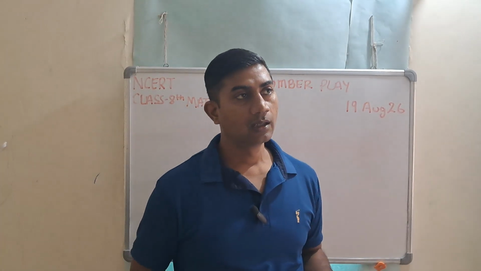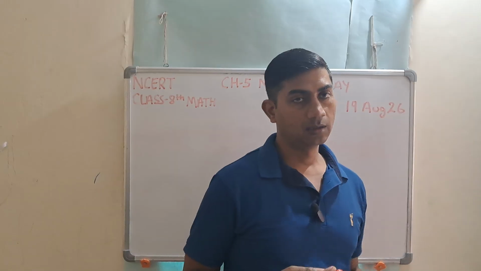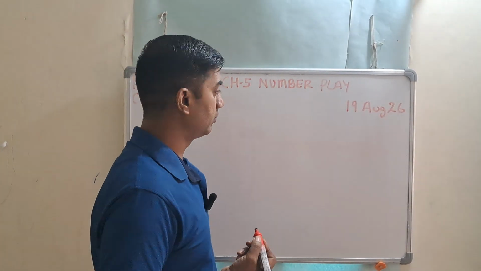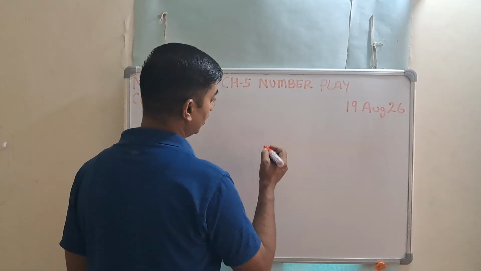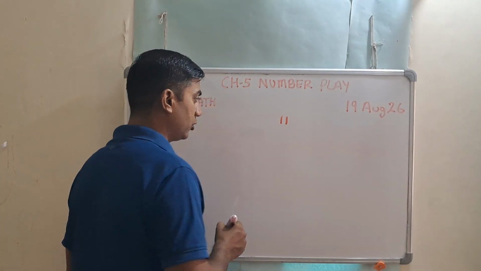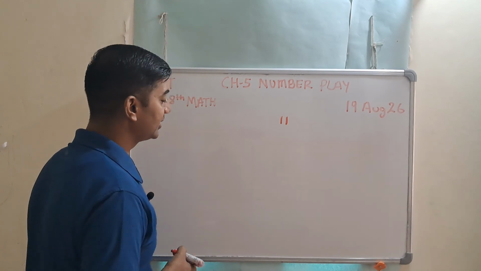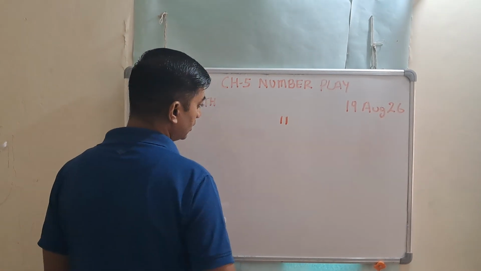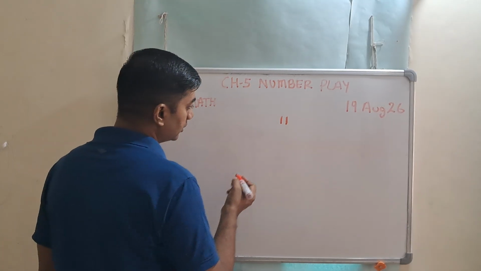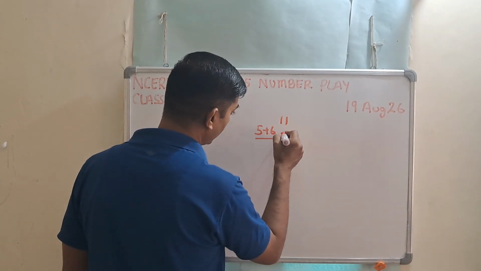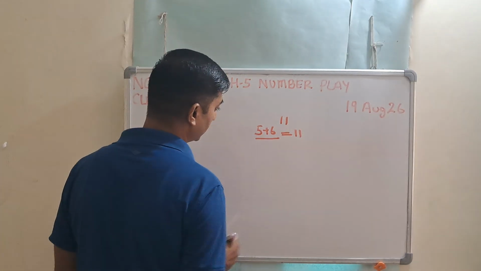Now see, for this discussion, if we have any odd number, suppose we have taken 5 or 11, any odd number, now we can see that 5 plus 6 are consecutive and their sum is 11.